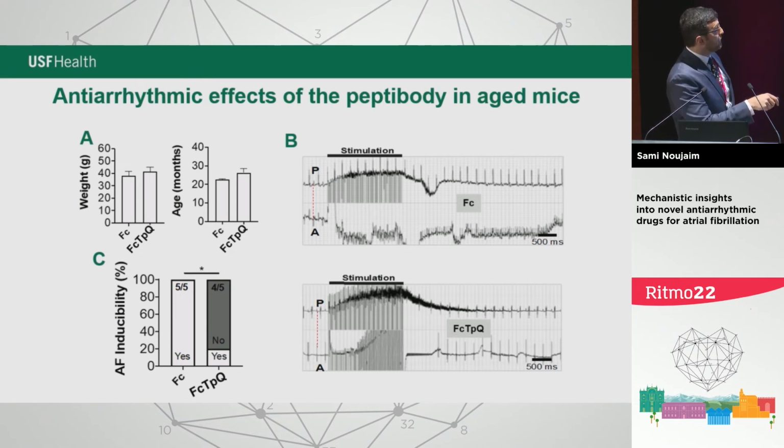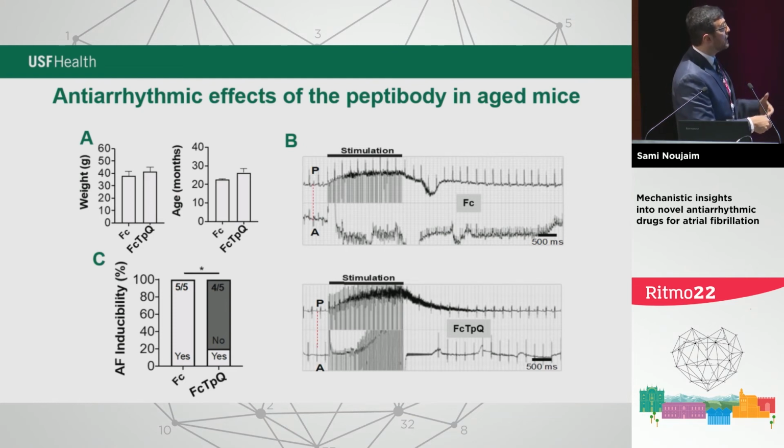This is the EKG on top, and at the bottom is an intracardiac electrogram that we were able to record through a catheter inserted into the jugular vein and advanced into the right atrium. A burst stimulus of about 2 seconds right here elicited atrial fibrillation in a mouse injected with the Fc fragment. But that did not happen when we injected the peptibody. The burst stimulus did not induce AF in the peptibody-injected mouse. So in 5 out of 5 animals, we induced atrial fibrillation in Fc injection.